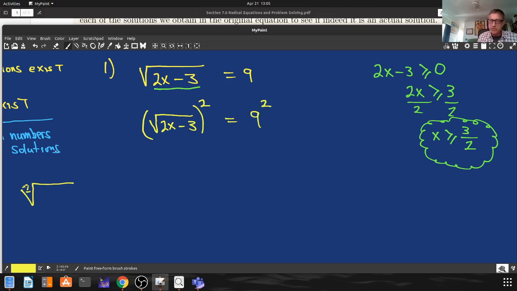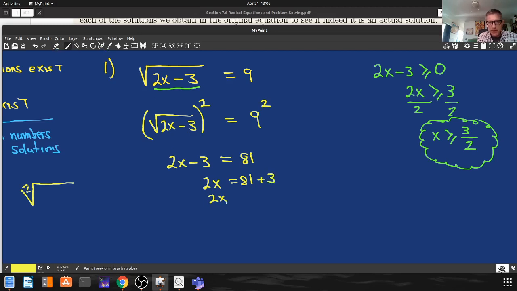In this case, we're just looking at square root, so the index is 2. So the result over here is this becomes just 2x minus 3. It escapes the radical, so to speak. And this becomes 81. So now I'm just going to solve it. 2x is equal to 81 plus 3, sorry, I'm anticipating the answer.